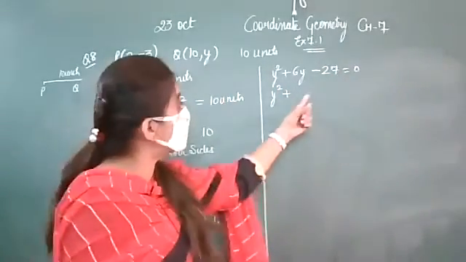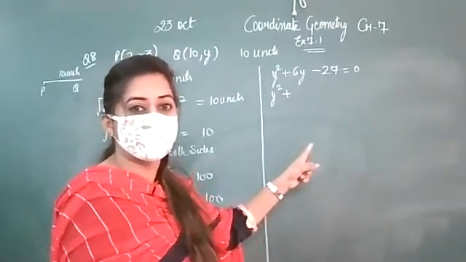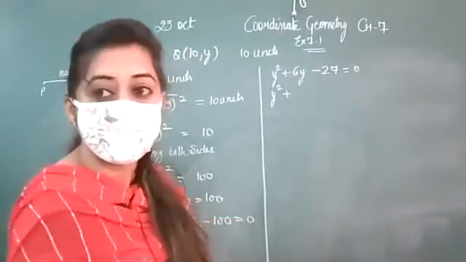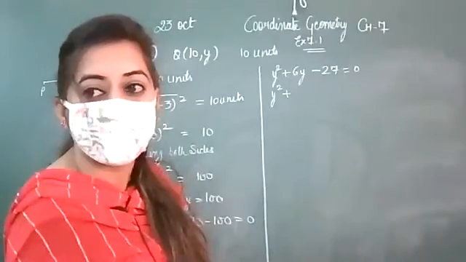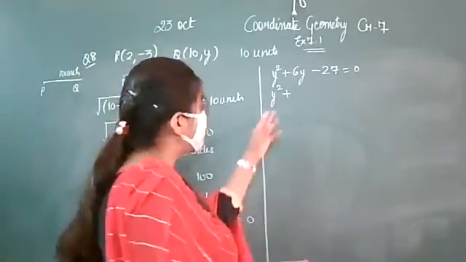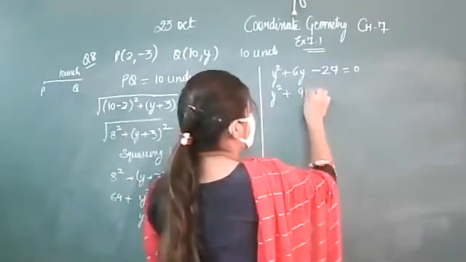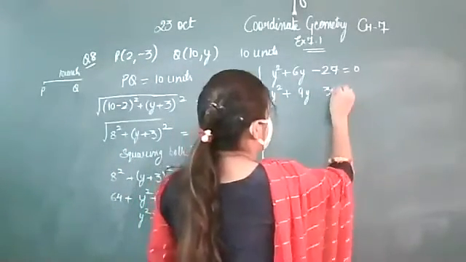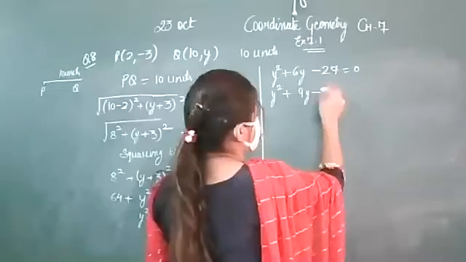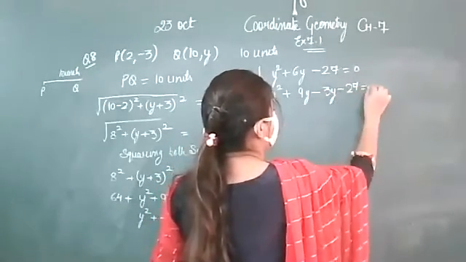Here it is a quadratic in y, so you can apply the quadratic formula if you want. Got it, beta? But the easier way is to use the middle term splitting method. 9 threes are 27. So 9 minus 3 will give you 6. Is it okay? Any doubt, beta?